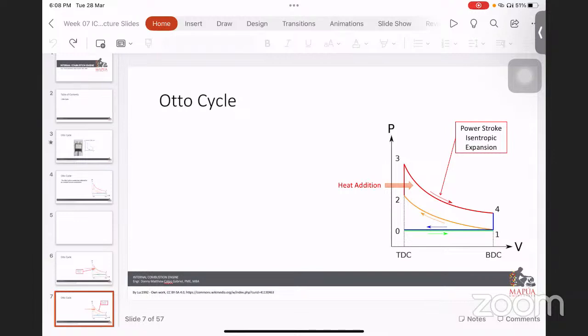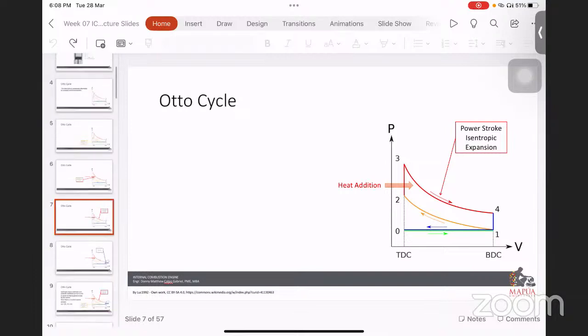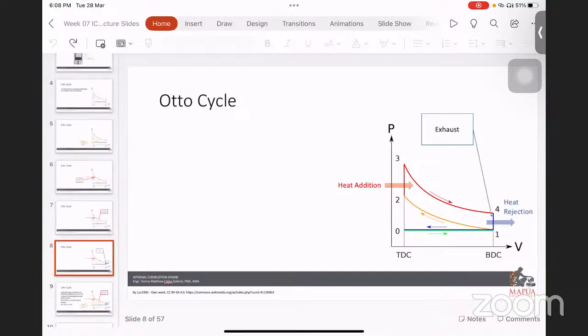So this process from point 3 to point 4 is called the isentropic expansion. And last but not the least, yung heat rejection. This is where the volume of the exhaust of the combustion process, yung byproducts niya, is being exhausted out sa makina.